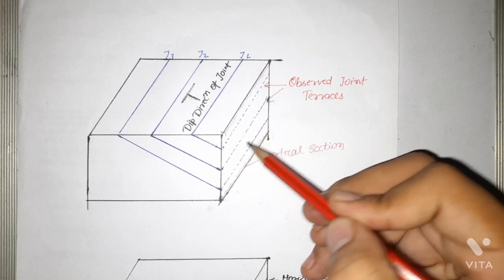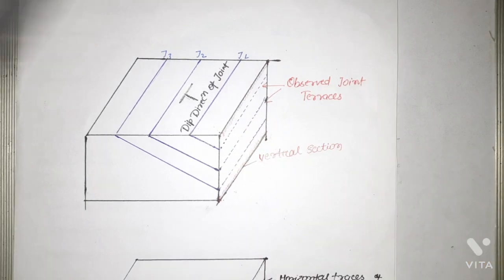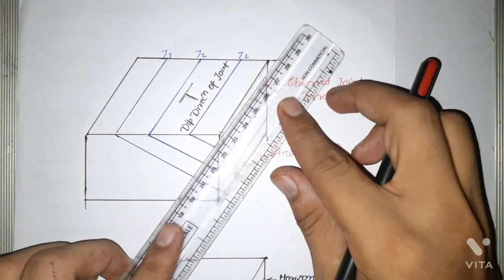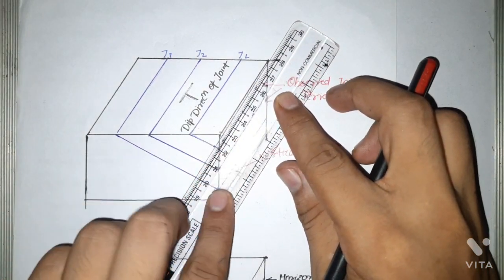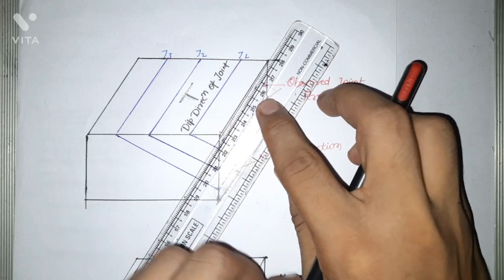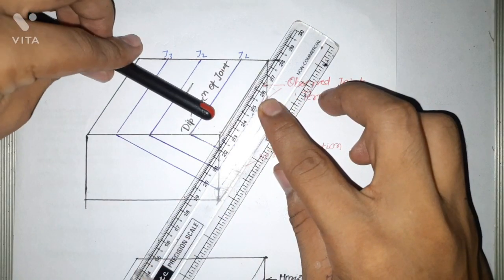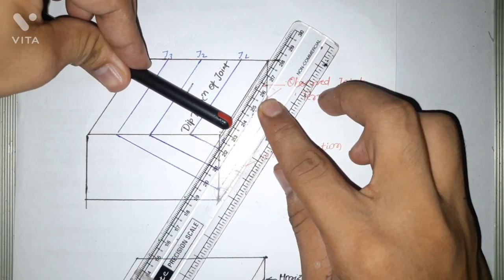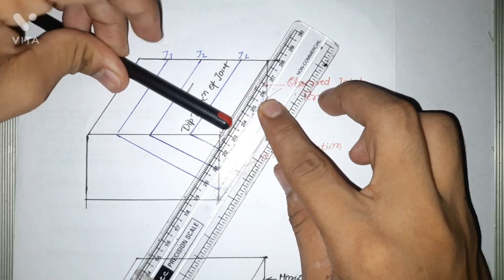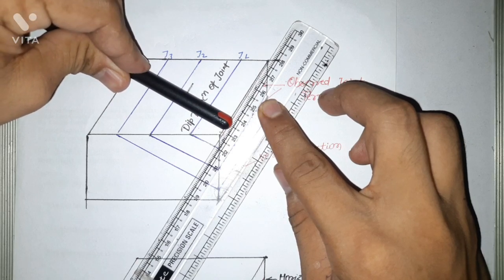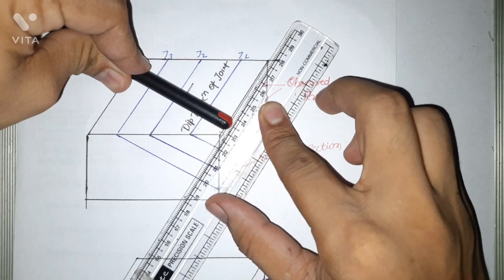It is clear from this that if this is the vertical section that we are observing, with horizontal traces, and this is the dip direction of the joint, point to be noted, this is not the dip, this is the dip direction.